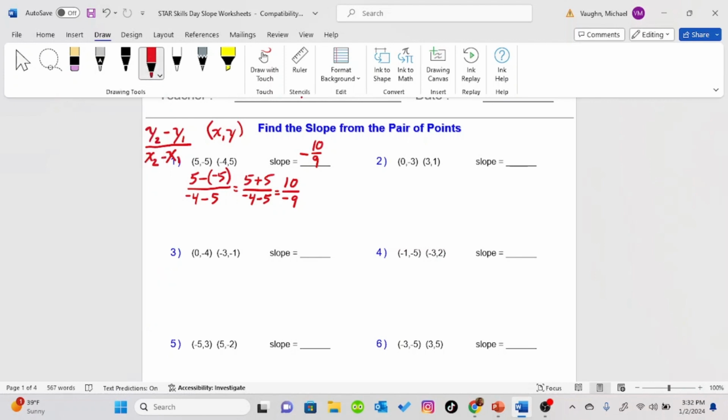So if we look at number 2, I want my second y, which is 1, and I want to subtract my first y, which is negative 3. That's going to be over my second x, which is 3, minus my first x, which is 0. Again, if I subtract a negative, it becomes addition.